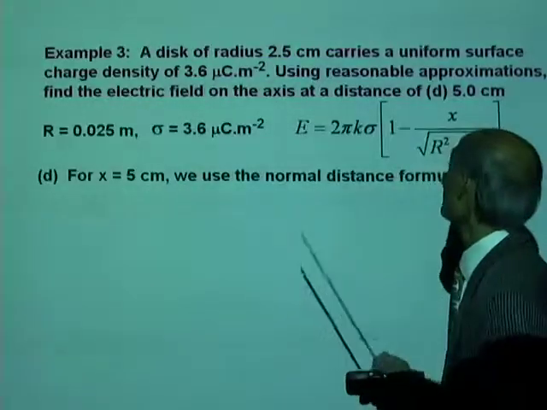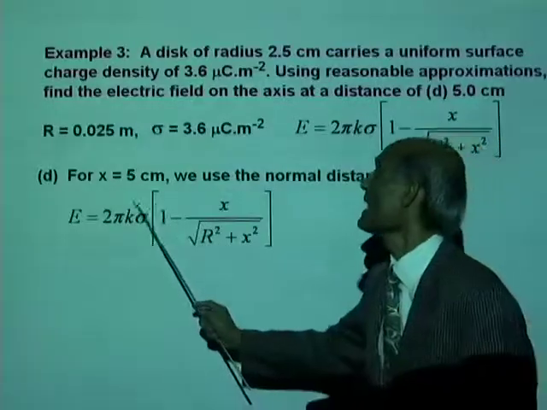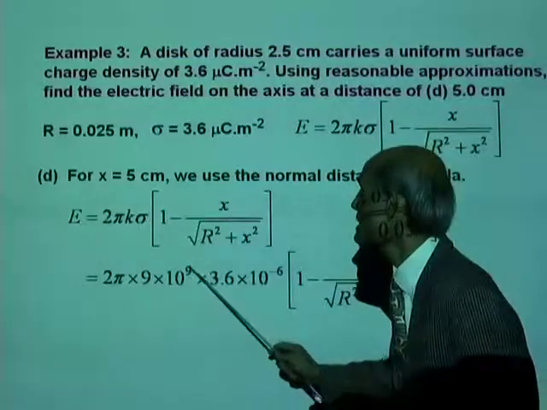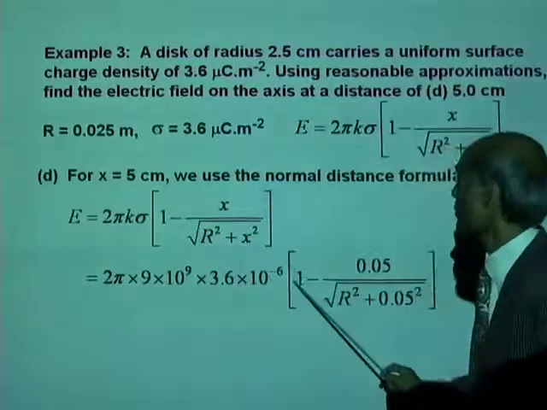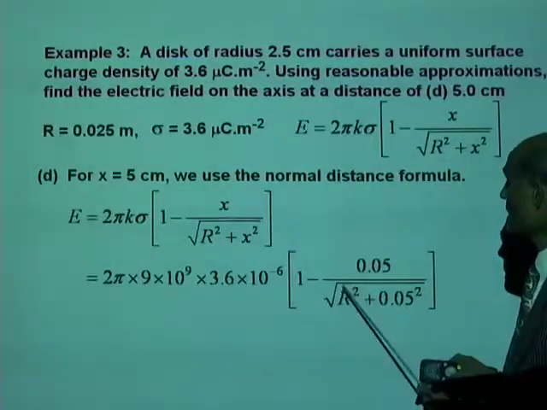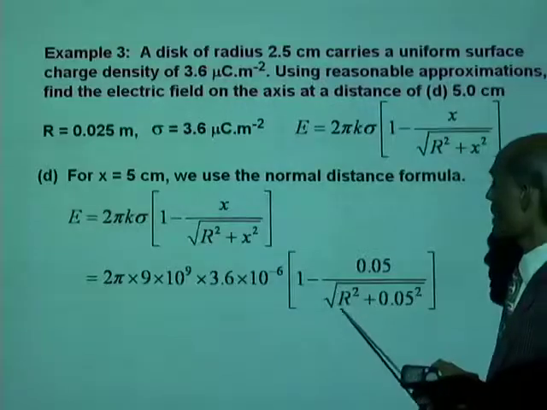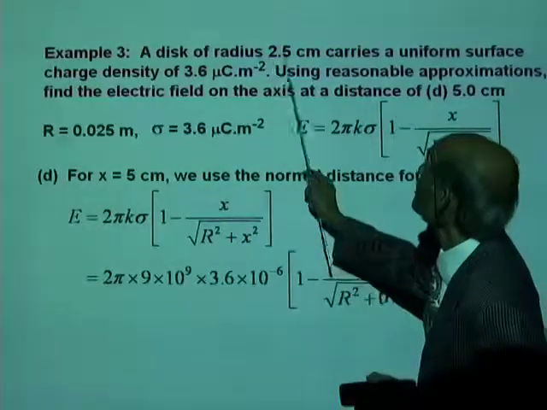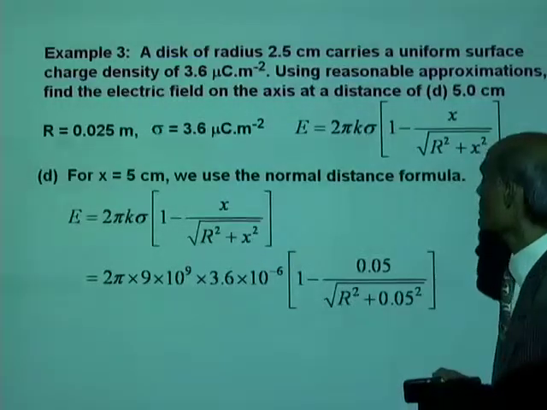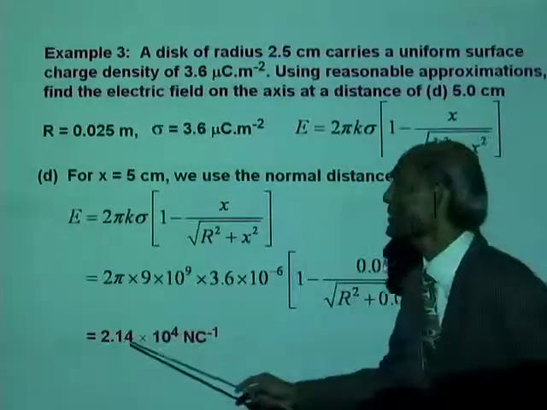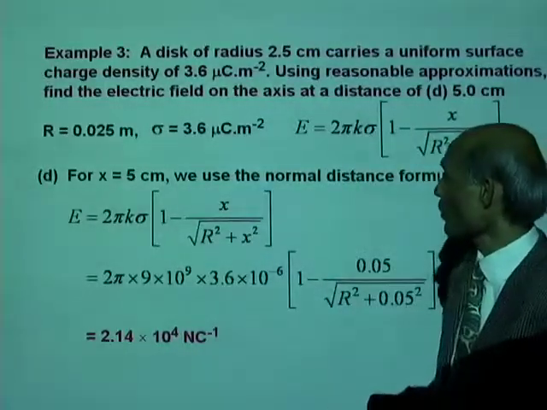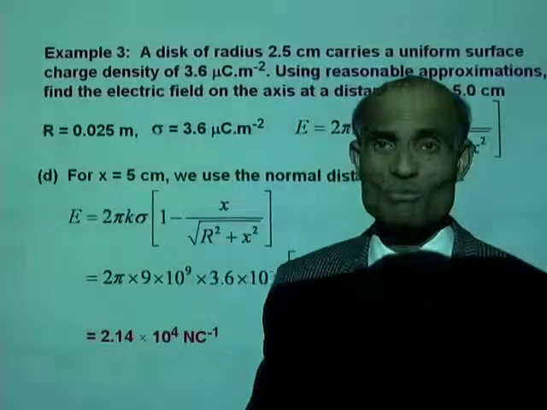So we use the normal distance formula and use all the given values. 2 pi times k times sigma, 1 minus x is 5 centimeter, 0.05 meter, over square root of r squared plus x squared. r is 0.025 meter. Alright, replace r by 0.025, and that will give me 2.14 times 10 to the 4 Newton per coulomb.